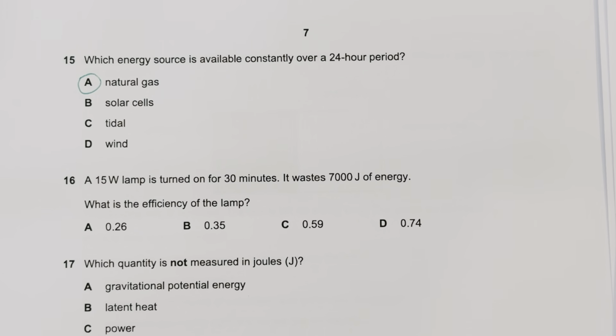A 15 watt lamp is turned on for 30 minutes. It wastes 700 joules of energy. What is the efficiency of the lamp? So we have to calculate the efficiency of the lamp.